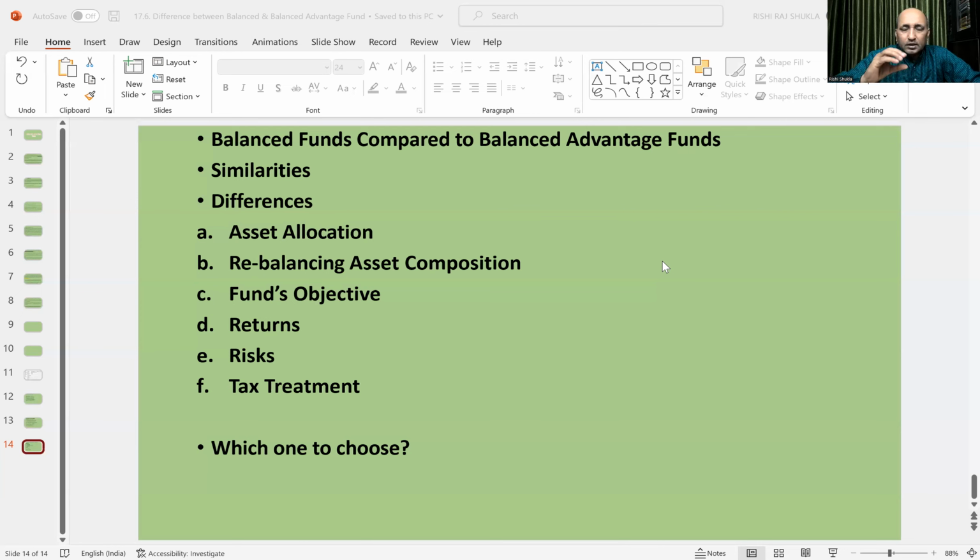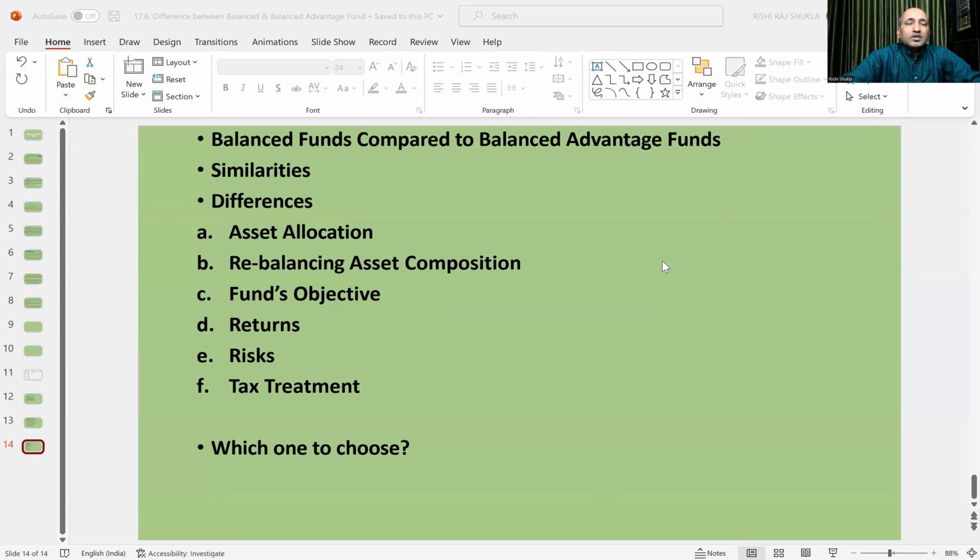But in the case of balanced advantage, it is a little bit less risky, we can say, as they have flexibility to allocate the fund and to move from one risky part to another as per market condition.